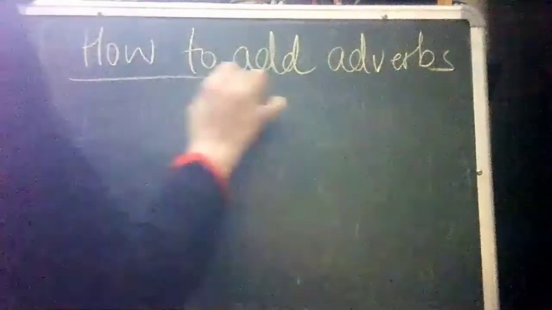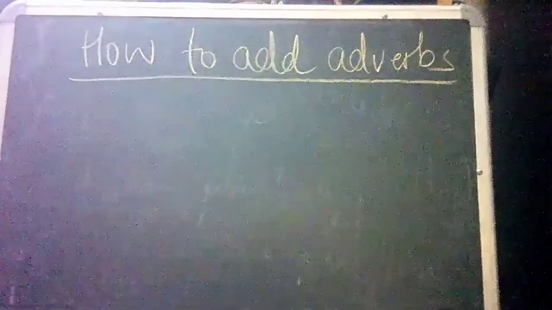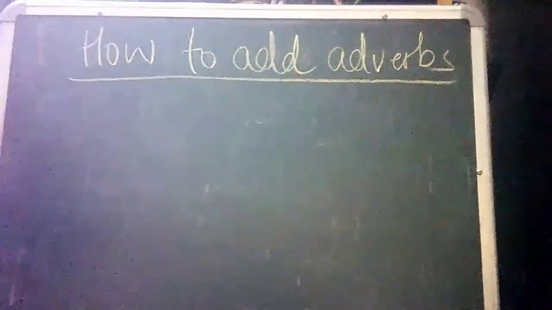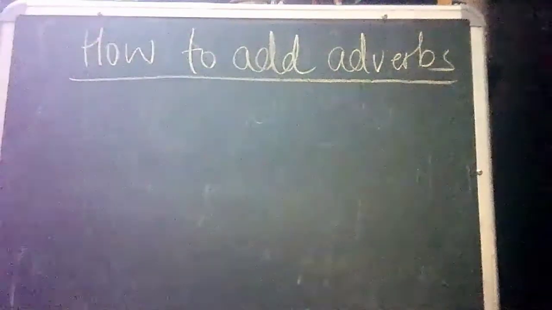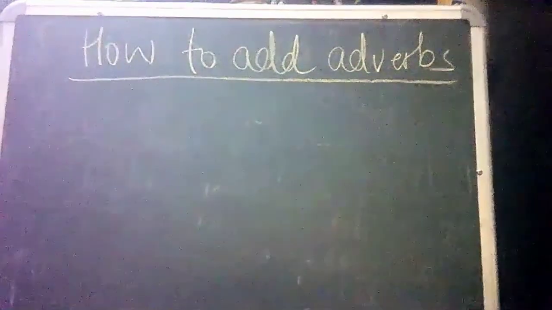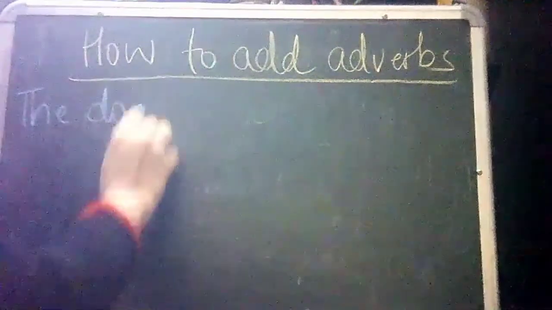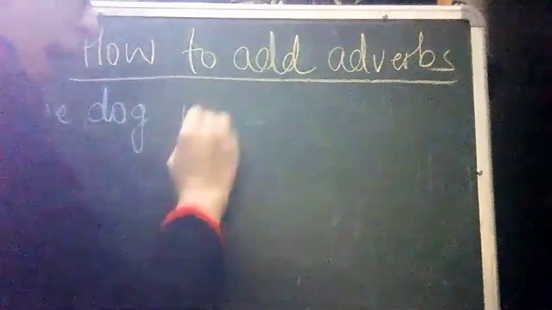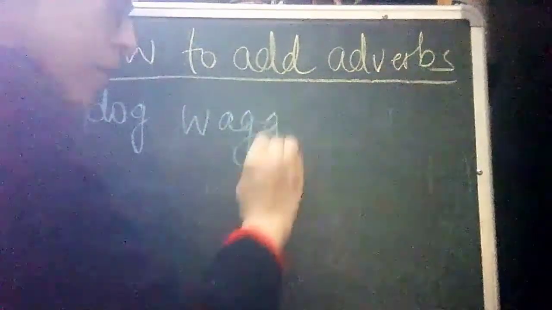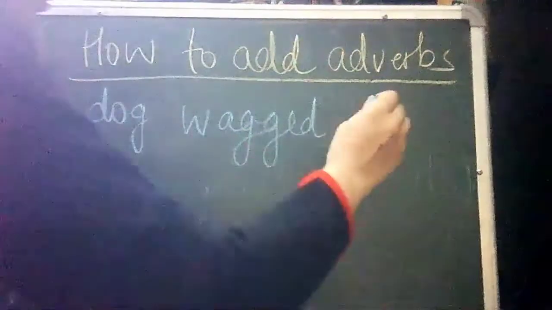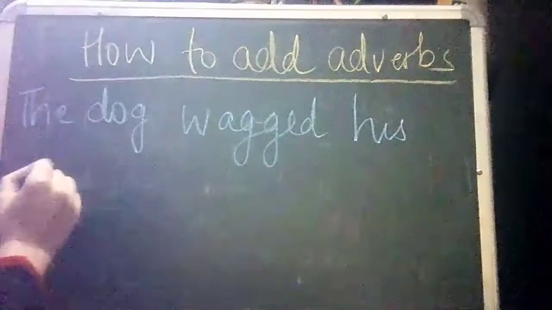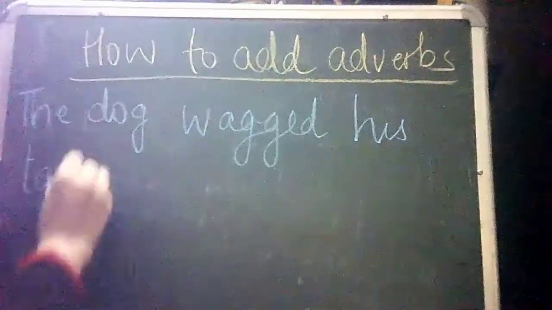Now, let's look into how to add adverbs in the given sentence. So we are going to modify a sentence here, and we'll understand how and where we can be adding adverbs to modify it. So the sentence which I'm writing here is, the dog wagged his tail and jumped.